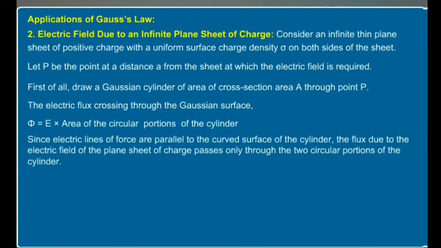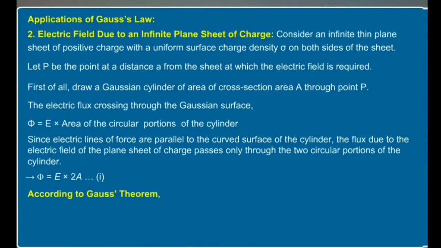Since the electric lines of force are parallel to the curved surface of the cylinder, the flux due to the electric field of the plane sheet of charge passes only through the two circular portions of the cylinder. Phi is equal to E into 2A. See here, 2 times the area, because there are two surfaces.